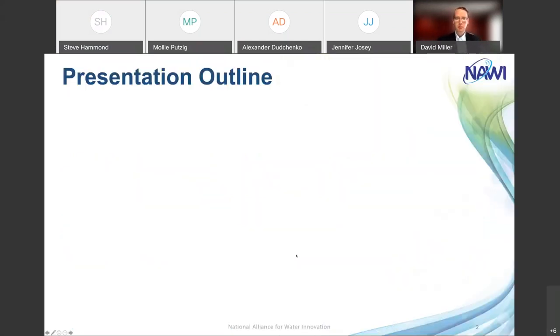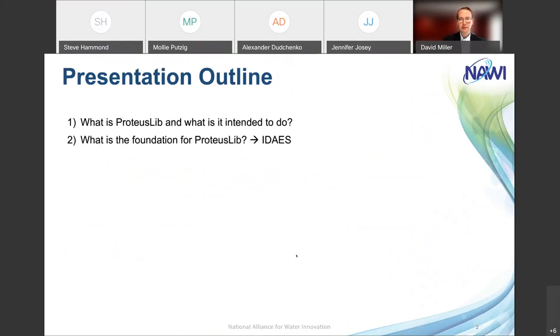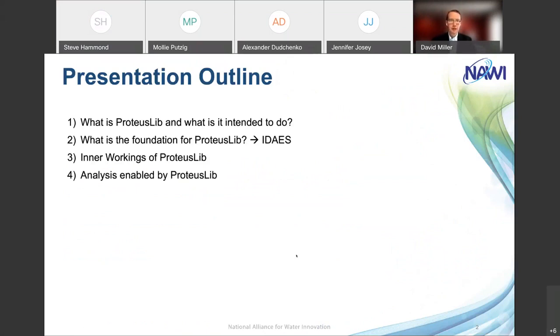So let me quickly run through the outline of the presentation. We're going to start off talking about what ProteusLib is and what it's intended to do, the types of questions that it's designed to answer, and then briefly discuss the foundation for ProteusLib, which is a computational framework called IDEAS. We'll then go through some of the inner workings of ProteusLib and talk about some of the analysis enabled by ProteusLib and give an example of some analysis that we've recently done.